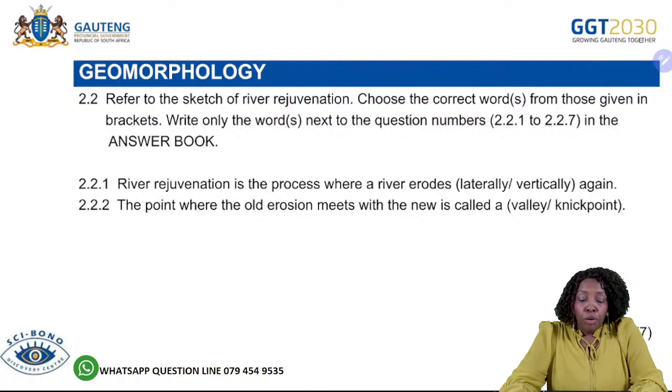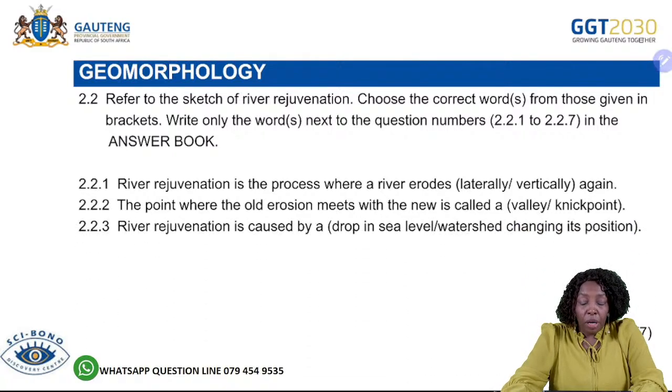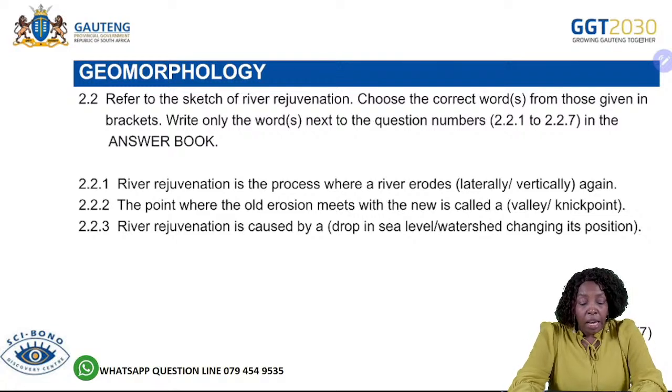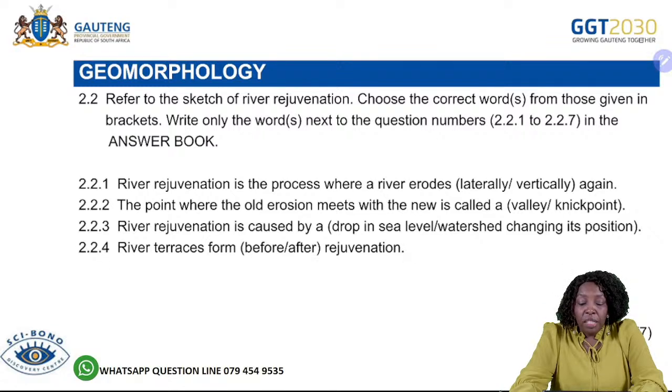Okay, with the understanding of the diagram that I have shown you, let's look at how you can come up with the correct answers for these questions. It says refer to the sketch of rejuvenation and choose the correct word. First question: river rejuvenation is the process where a river erodes laterally or vertically. Second: the point where the old erosion meets with the new is called a valley or a nick point. Third: river rejuvenation is caused by a drop in the sea level or the watershed changing its position.